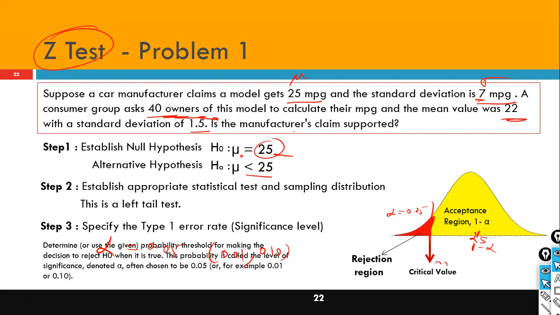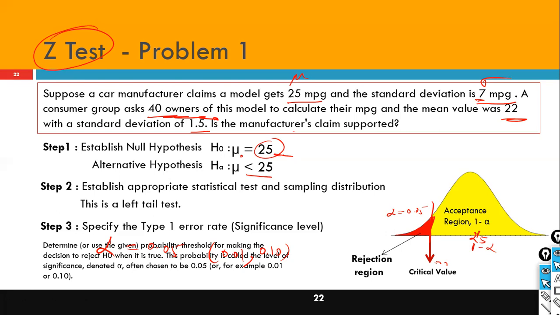So the steps are pretty simple, right? We consider the significance level also. The total area under the curve is 1. So the critical value, you have to find it out. Now you understood, 1 minus alpha gives you 0.95.